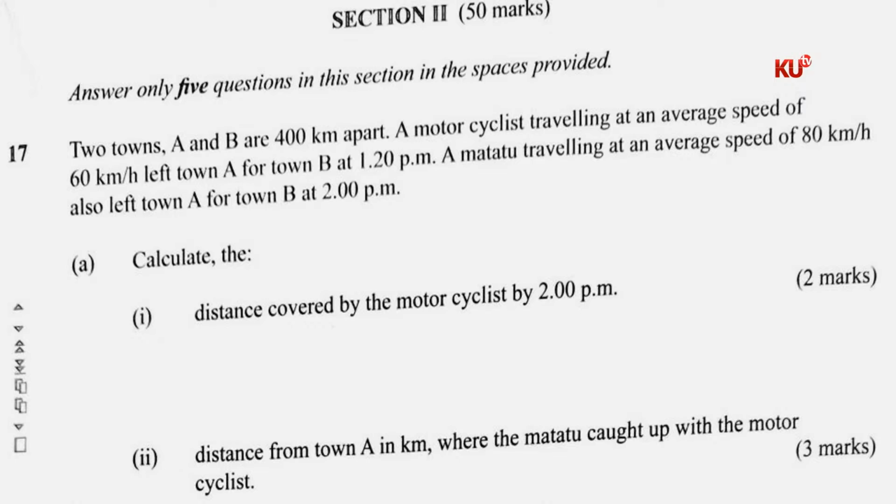The distance from town A, in kilometers, where the matatu caught up with the cyclist. Now look, this matatu left at 2 p.m. So first of all, let's get the distance covered.